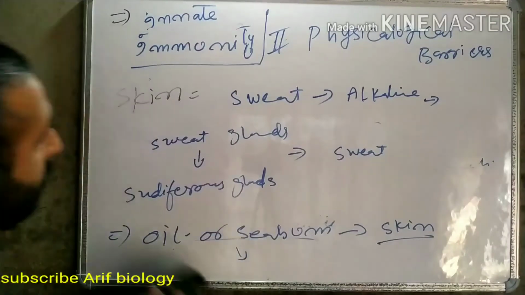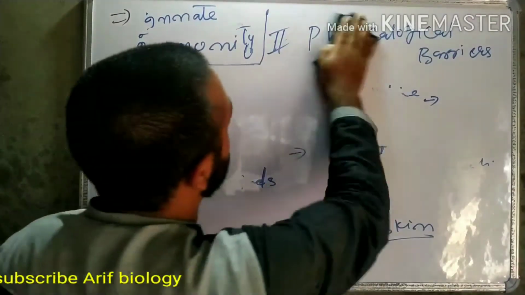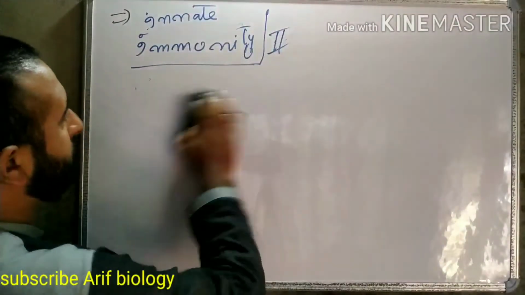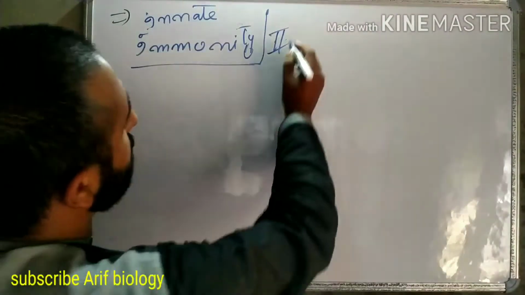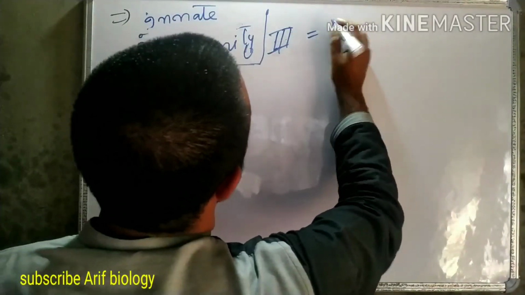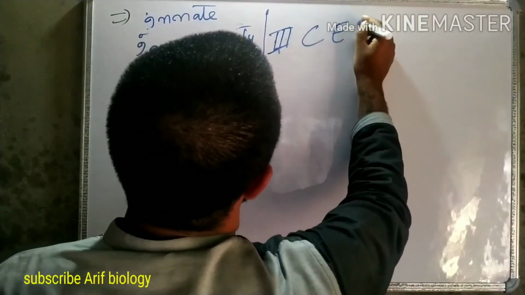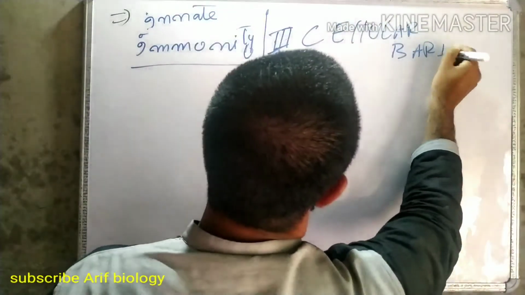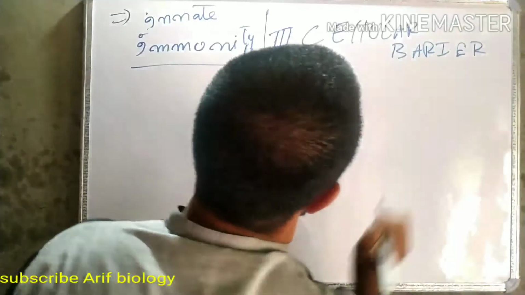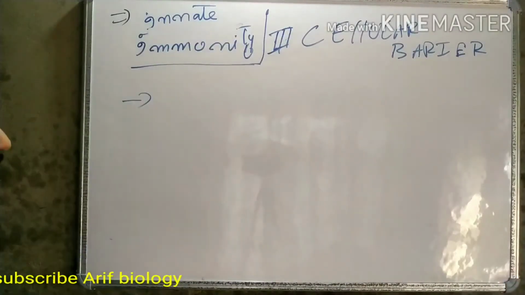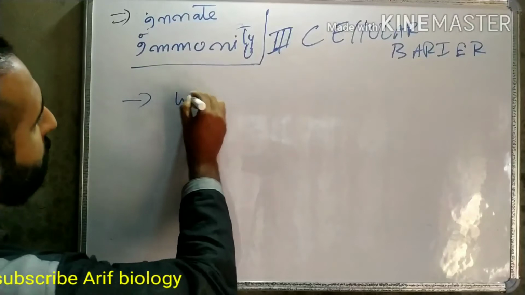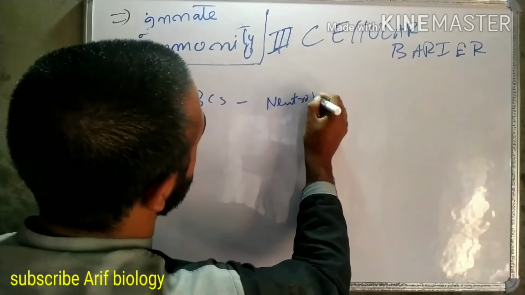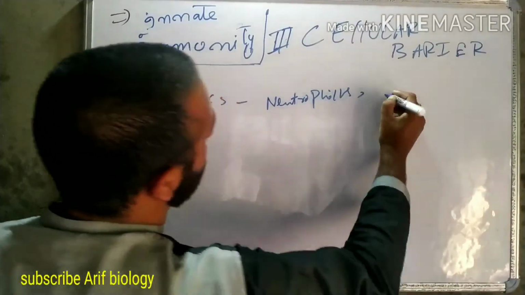Now let me discuss the third barrier, that's the cellular type of barrier. The third is cellular. Cellular barrier. It's in the form of WBCs. WBCs में क्या होती है? न्यूट्रोफिल्स, monocytes.